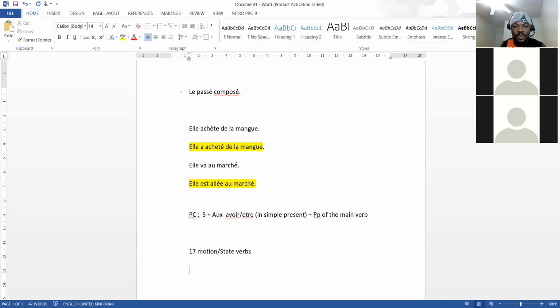And then apart from them, we have reflexive verbs in French. I told you reflexive verbs are those verbs we've treated before, for example se laver, se promener, and so on. Now the 17 motion or state verbs, let me put some of them.